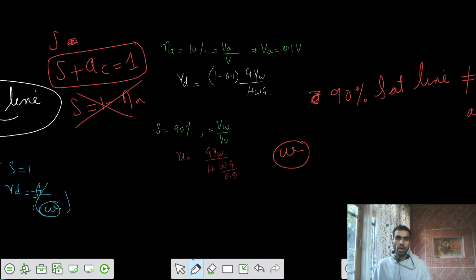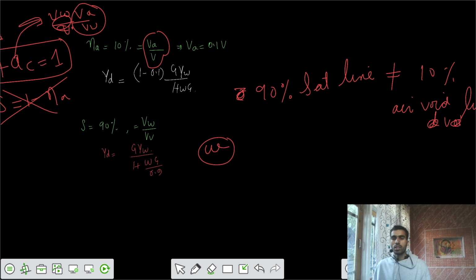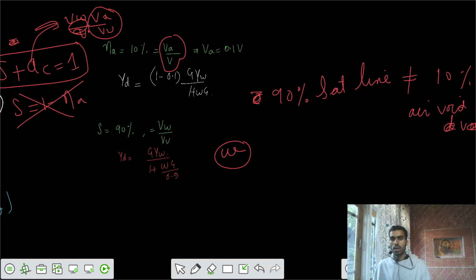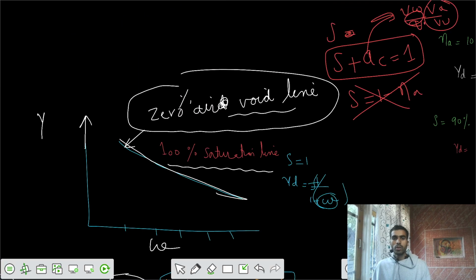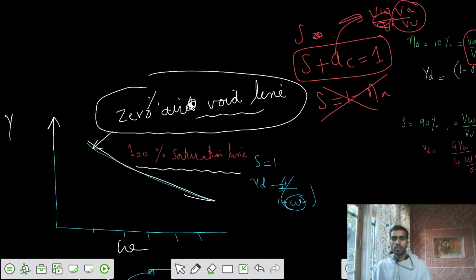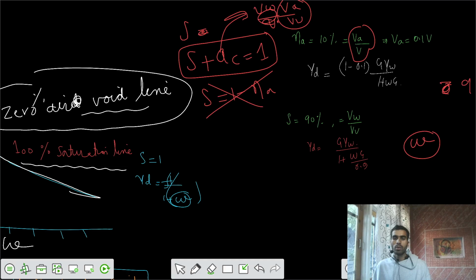The degree of saturation relates volume of air by volume of voids, but air content is volume of air by volume of total soil. So that's not the same. So the 90% saturation line is not the 10% air void line, but the 0% air void line is the 100% saturation line.